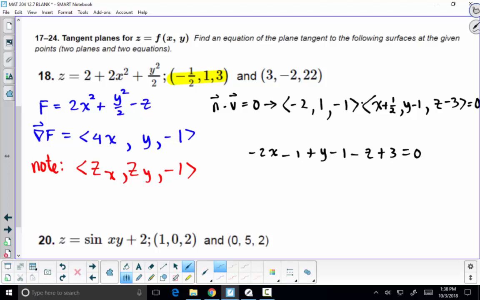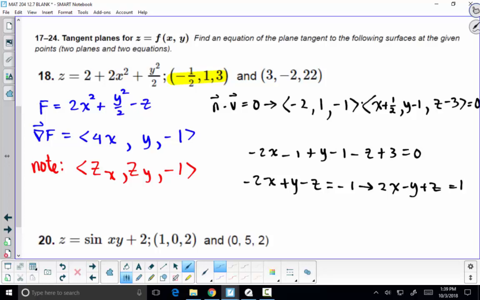Okay, so we can either write this in general form, and if we write it in general form, let's do it one step at a time. We'll put all the letters together, and then what do we get? Just a +1 on the left, so that's going to be a -1 on the right. And we always want our leading coefficient to be positive, ideally. So we would multiply through by -1. So that's the tangent plane written in general form.